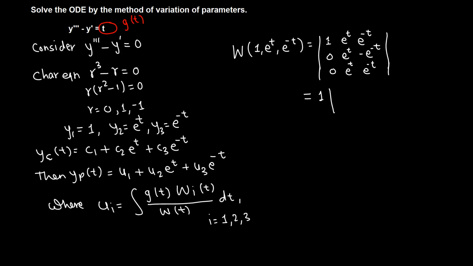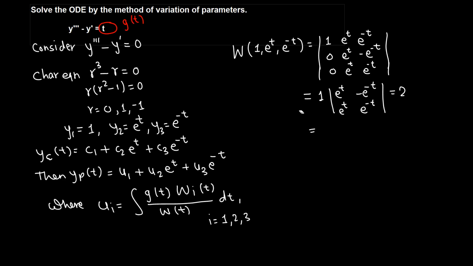Now we delete the row and column containing 1 and write down the remaining 2 by 2 determinant. That's e^t, minus e to the negative t, e^t, e to the negative t. Now 1 doesn't count, multiply e^t times e to the negative t, 1, minus, here is negative 1, so 1 minus negative 1, which is 2. So this determinant is 2.